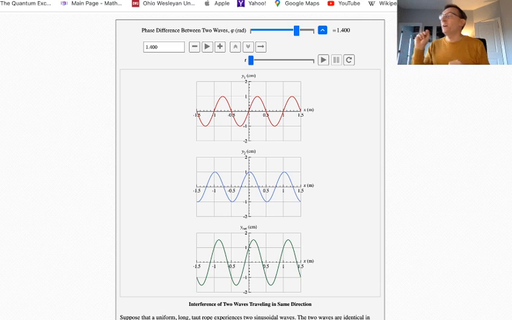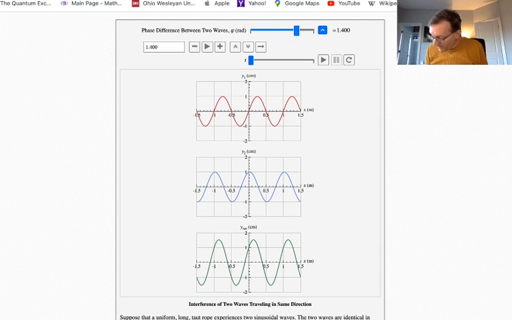Of course, that'd be the cosine of 0.7. So to figure out what that amplitude would be, you put your calculator in radian mode, you take the cosine of 0.7 radians, and then you multiply by 2, and you multiply by 1 centimeter, and you get about 1.53 centimeters. And if you look at the green curve at the bottom, the y net, you'll see the amplitude is about 1.53. So anything that isn't one of these is called intermediate interference.